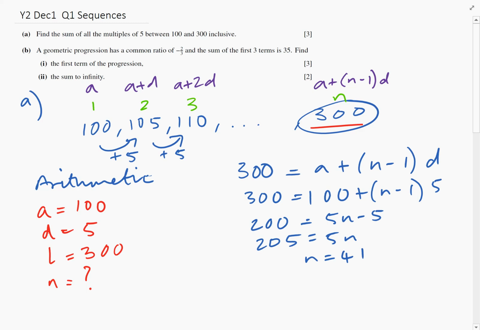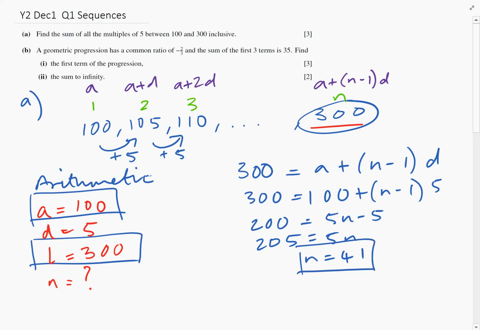So now we know what a is, we know what l is, and we know we're trying to find the sum of 41 terms. So we can go back to the formula we had before. Sn equals a half n (a plus l).